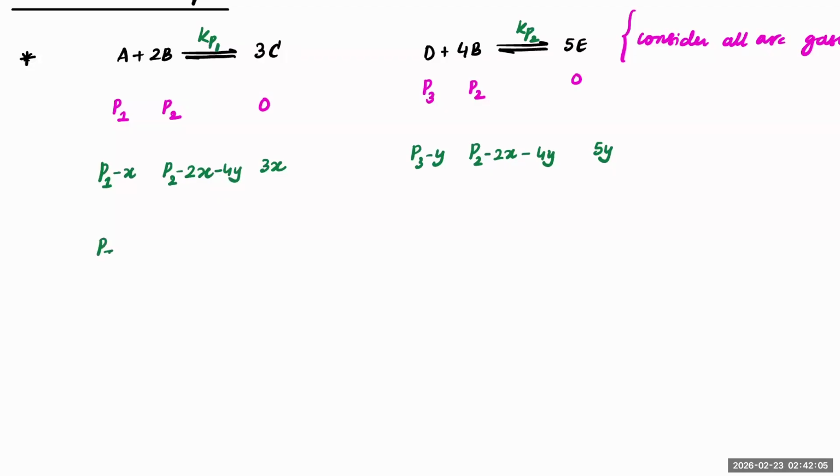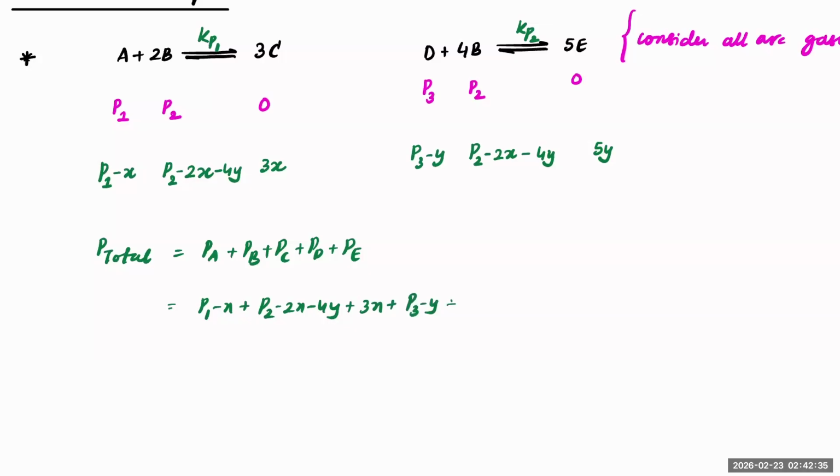Okay. So now, if the total pressure is asked in the question, it is PA plus PB plus PC plus PD plus PE. So in this case, it will be P1 minus X, plus P2 minus 2X minus 4Y, plus 3X, plus P3 minus Y, plus 5Y.